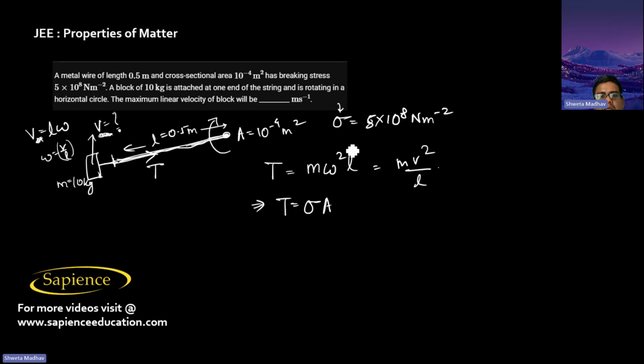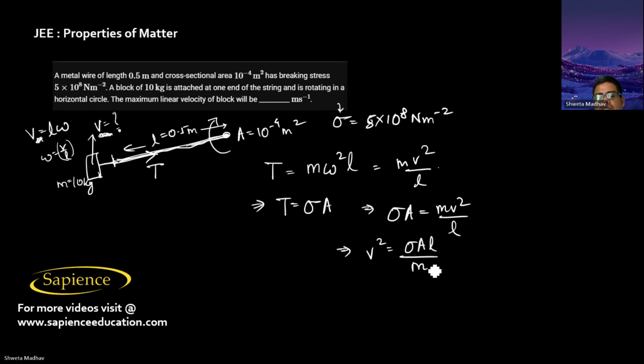T will also be equal to sigma into area, since stress is equal to force by area of cross section. So therefore sigma A is equal to M V square by L. So V square is equal to sigma A L by M. So sigma is the breaking stress, 5 into 10 power 8, into area, that is 10 power minus 4, into L, that is 0.5, by M. M is 10.